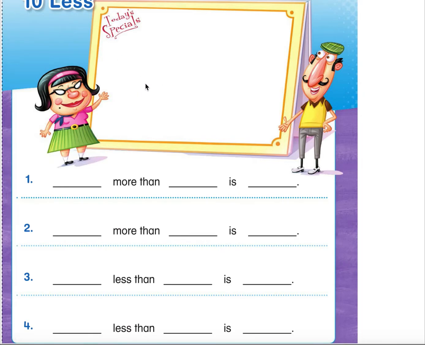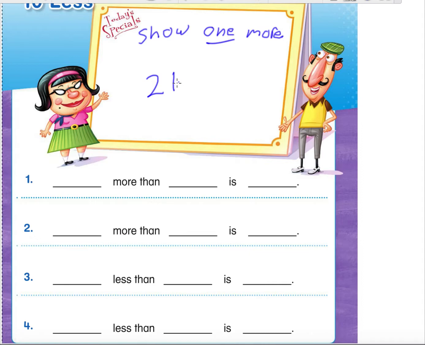So if I were to write the number 21, and I say show one more, well, if I say show just one more than 21, which house is going to get bigger?